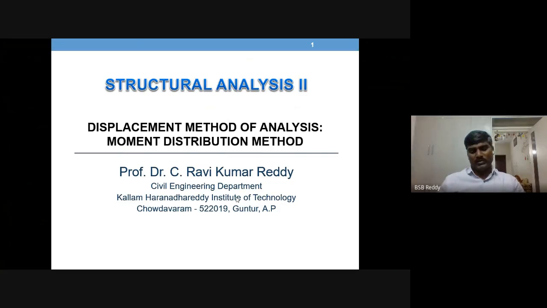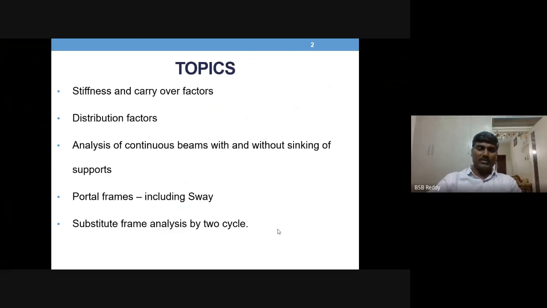So you must recall that method before we start the moment distribution method, if you want to understand it. The prerequisite for this method is that the slope deflection method must be known to you. Let's proceed to the syllabus that you have in this Unit 4.